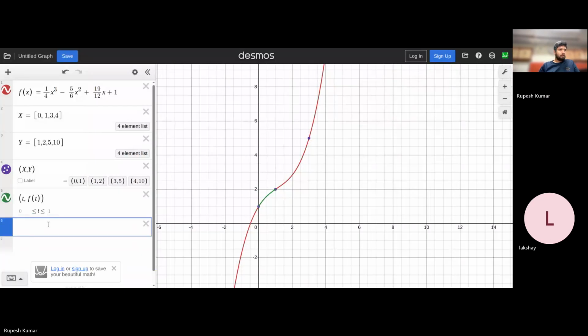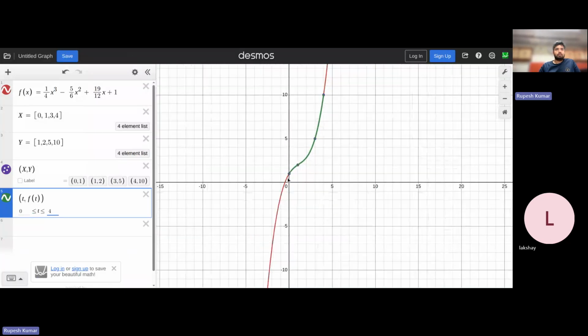You add a slider for t between 0 to 4, right? So you can see this green portion represents our polynomial function. For each t between 0 to 4, this function works.